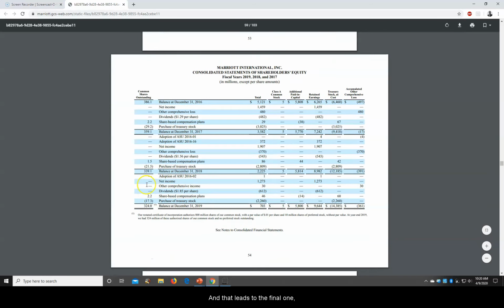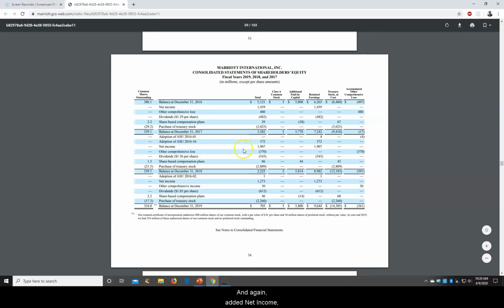And that leads to the final one, which is your statement of shareholders' equity. Okay, for the year ended 2018, and 2017. Again, just what we talked about. Here's where they were at the beginning of the year. Added net income, paid out some dividends and stock they bought and sold, and they ended up with this.